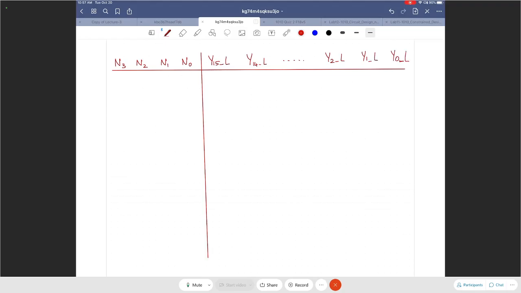So when I have the situation where all these are 0, and you assume that this is enabled, assume that. Which particular output should be active right now?